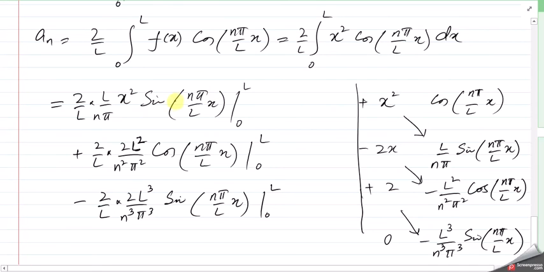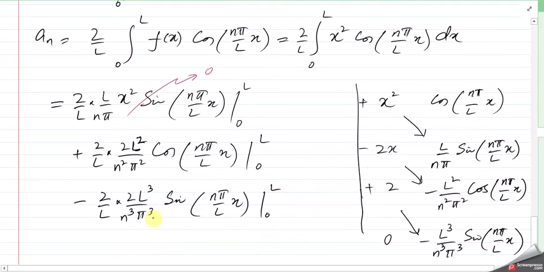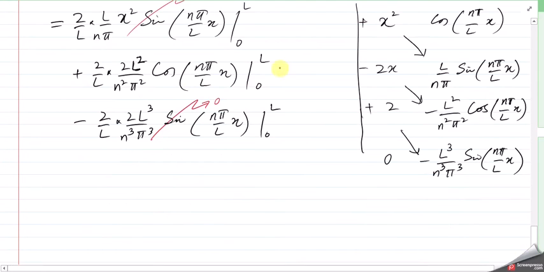You can see in the details that when you put L here, that makes sine n pi, that goes to 0. When you put 0 here, sine goes to 0. So this whole term goes to 0. Same is the case with this one. Same is the case with this one. So we get the answer from the second term. There should be an x here.